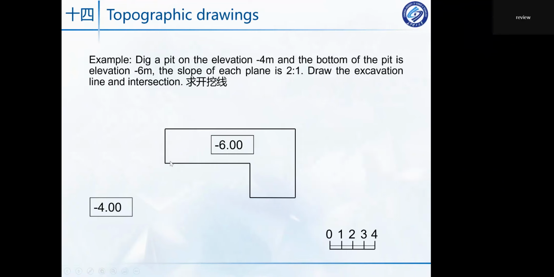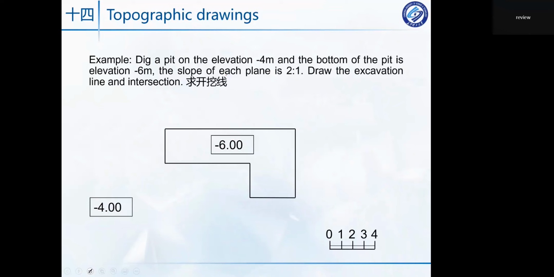Okay, so I think it's easy for you. Now, please follow me. At first, please see this question. The elevation of the ground is -4, and the elevation of the bottom of this foundation is -6.